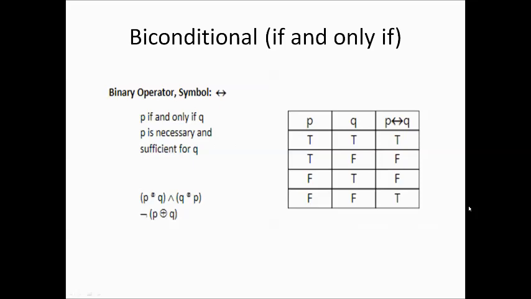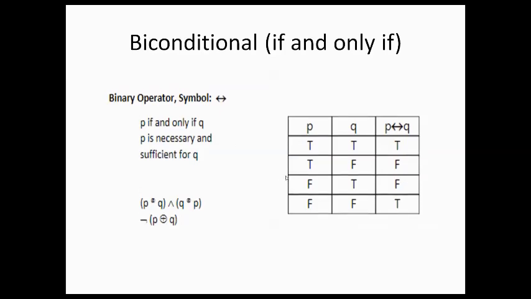Now, for the biconditional if and only if, let's check the truth table here. As you can see, the only true result is when both truth values are the same. If not, it is equal to false.